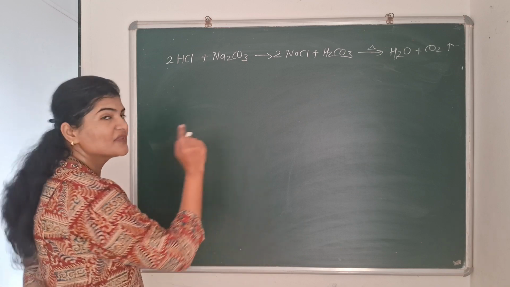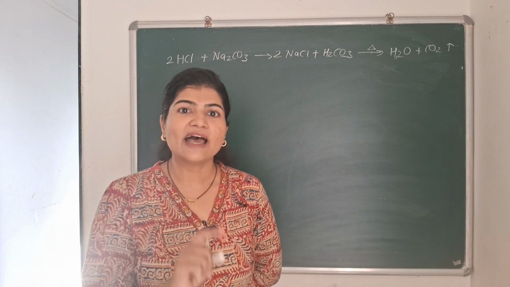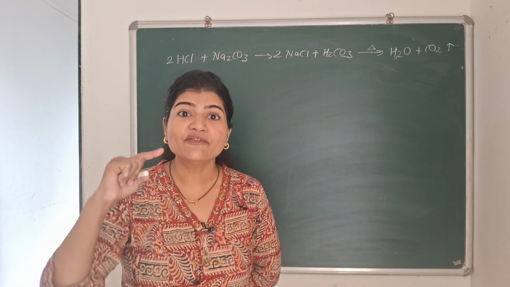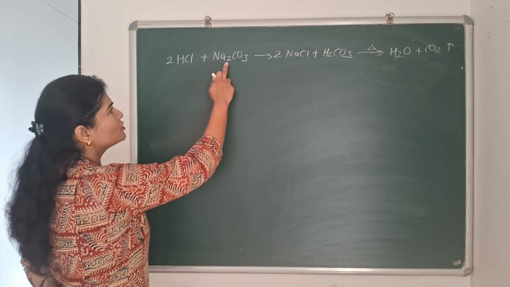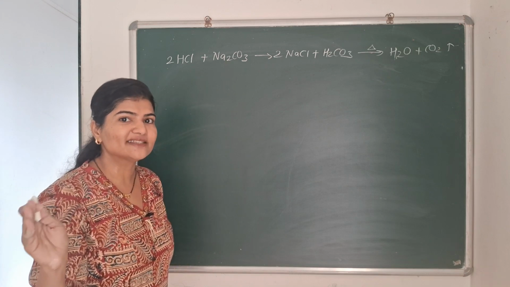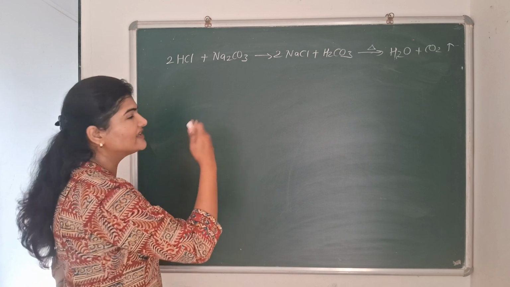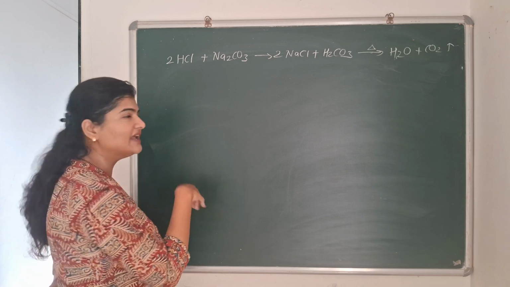What we will do is always write the equivalence factor in a way that the liquid component comes on the left hand side. So who is the liquid component? Sodium carbonate I had weighed, 1.5 gram in the solid state, and taken in the conical flask. So I will keep it on the right hand side, and the liquid component I will take on the left hand side.